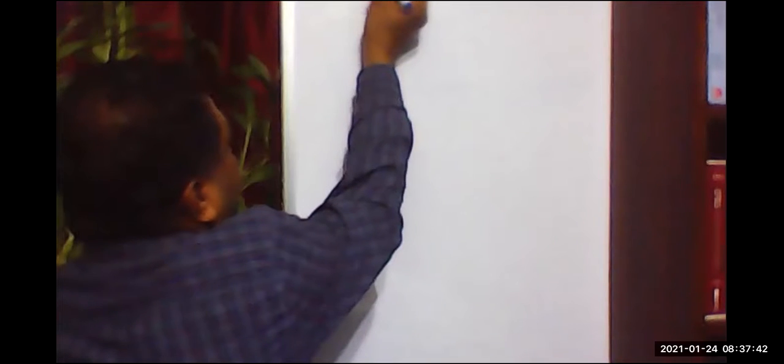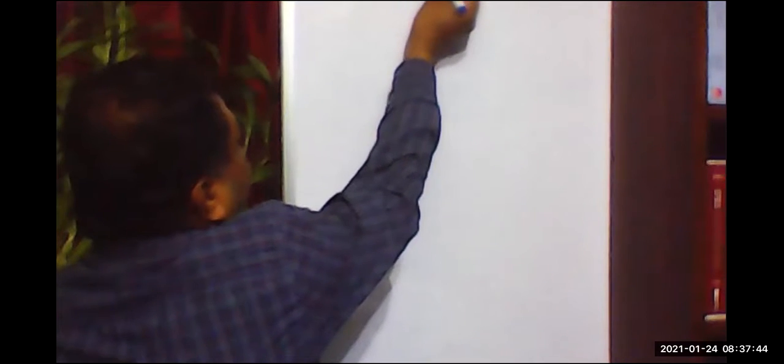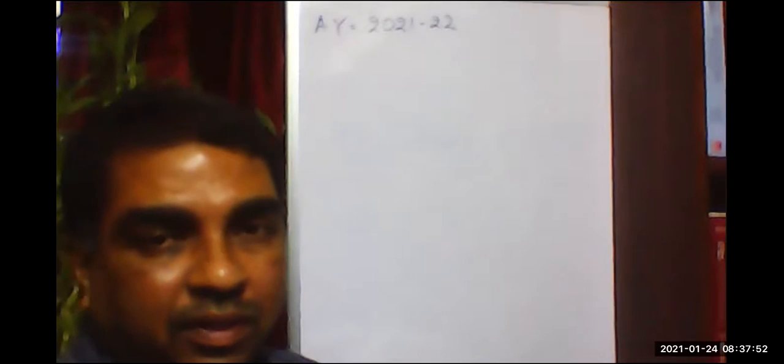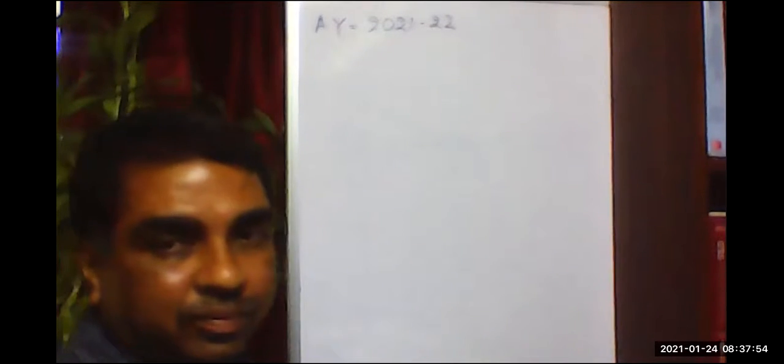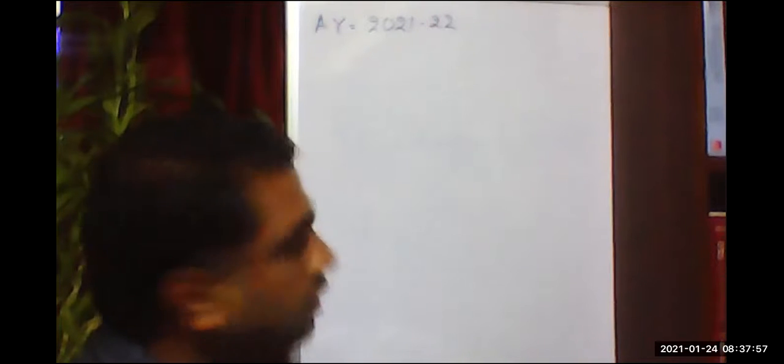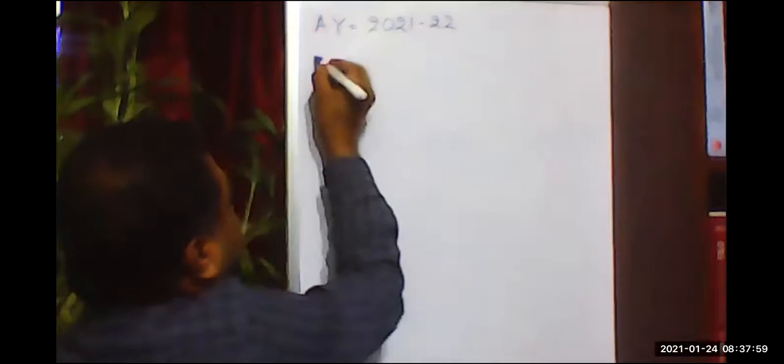Friends, we are discussing this concept for the assessment year 21-22. Who can tell me what our assessment year is? Assessment year 21-22, right? Is it clear to you? For that, we have to find out the relevant previous year.